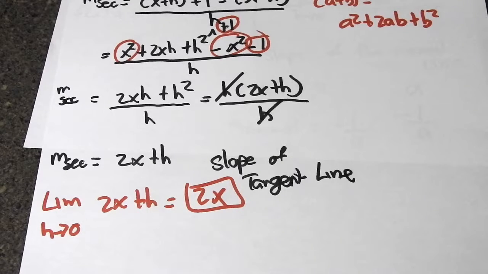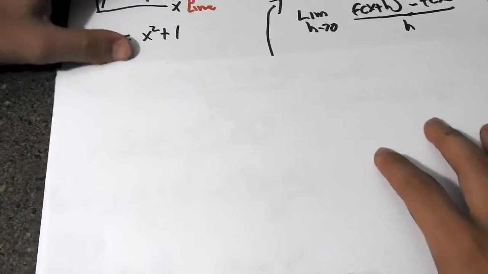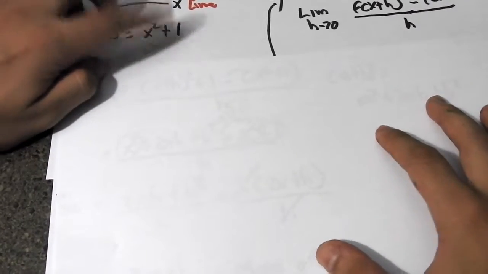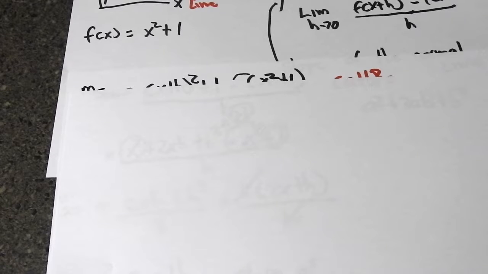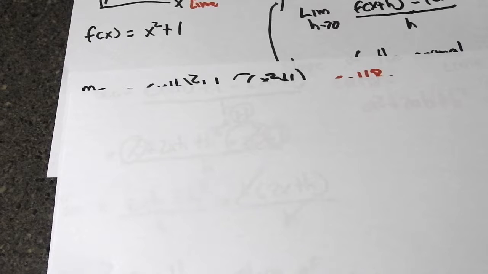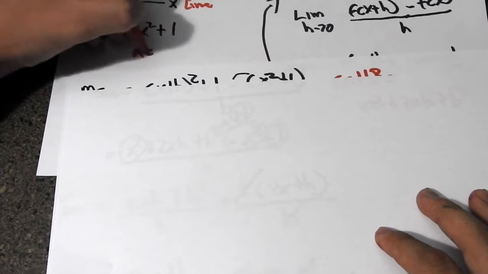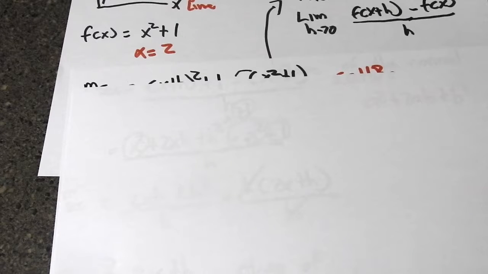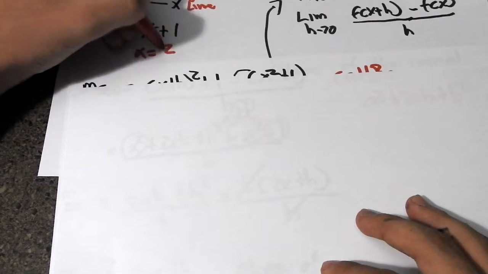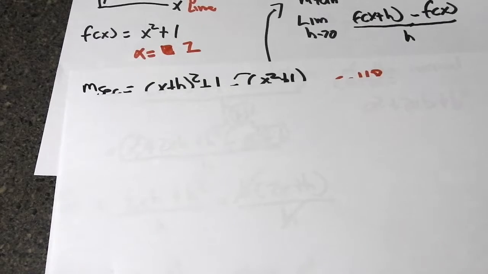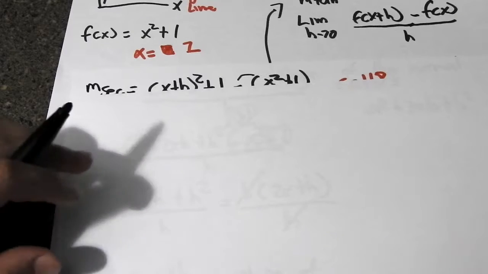We know we have this function x squared plus 1, and the problem says that we're going to evaluate the function when x equals 1.